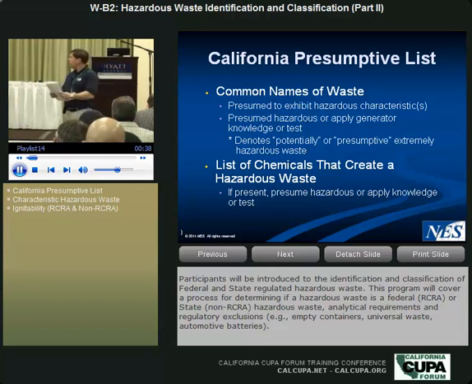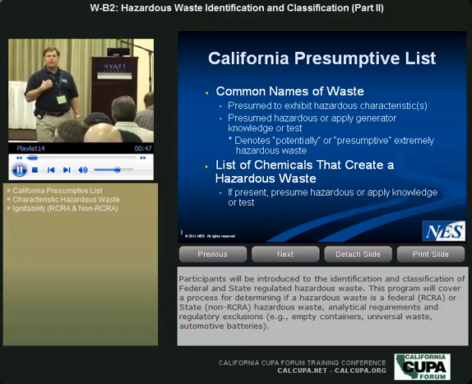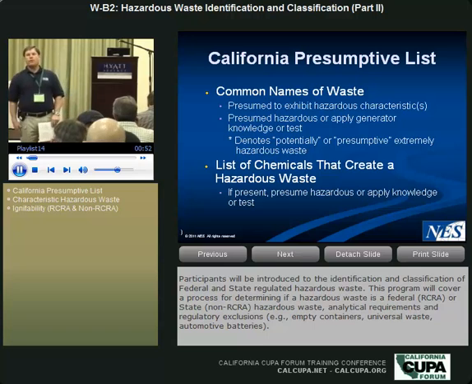These are all chemicals that are specifically listed. And if those chemicals are included in my waste stream, then it's considered a hazardous waste in the state of California. It's a guideline.